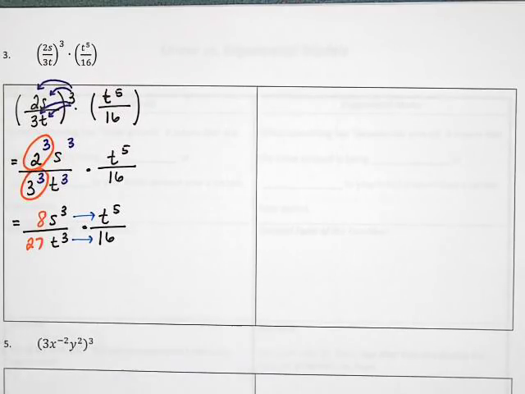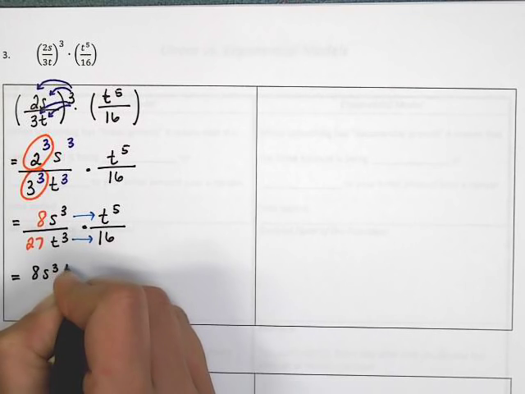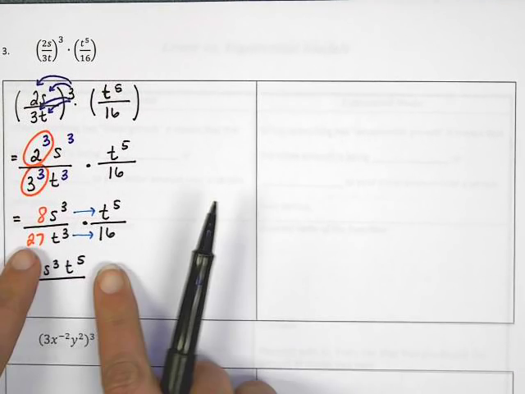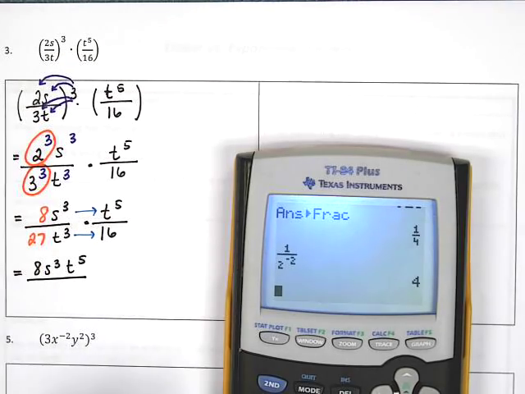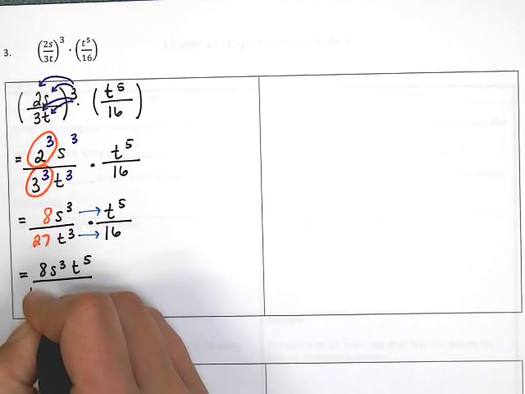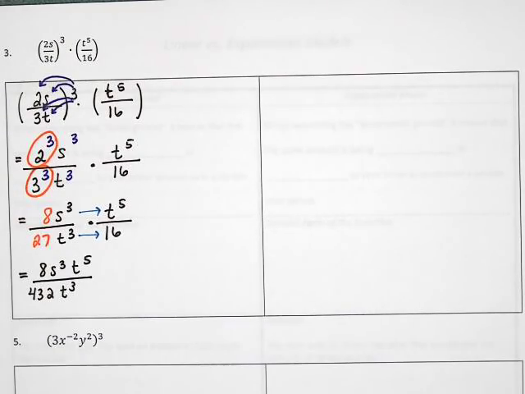So when I multiply these fractions together, I'm going to have 8s cubed t to the 5th divided by, now I notice there's a 27 and a 16, so I'm going to multiply those numbers together. So 432 t to the third power. The last thing I'm going to check to see is if I can simplify anything.